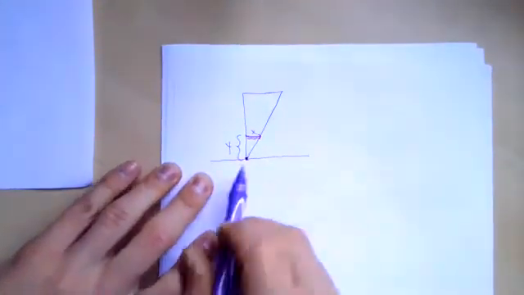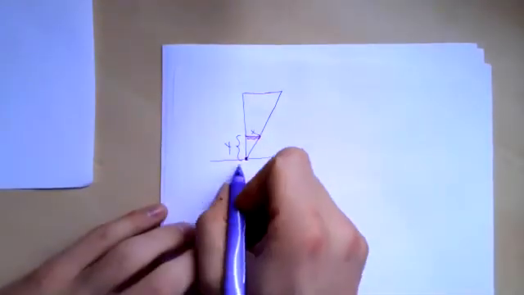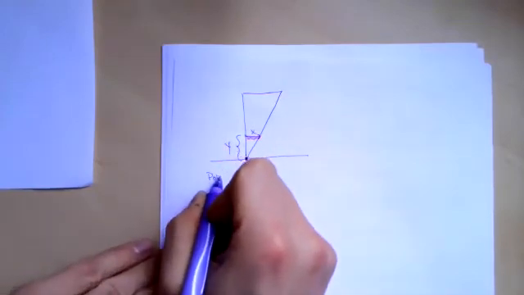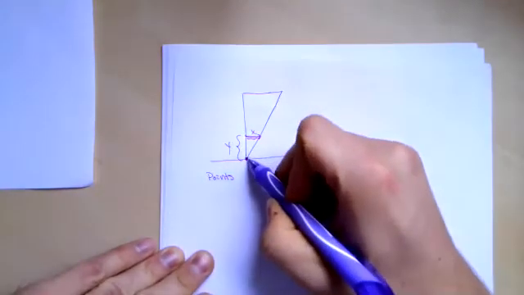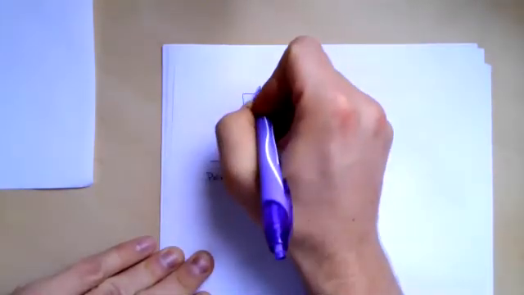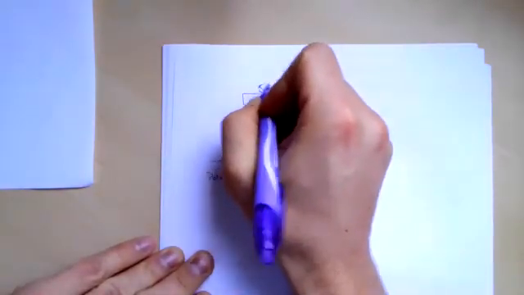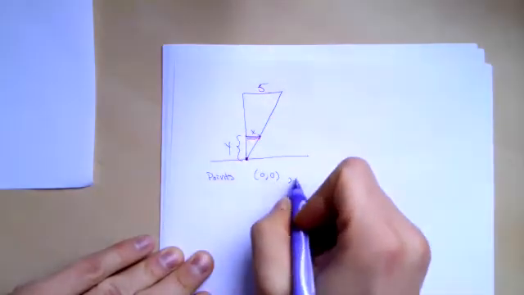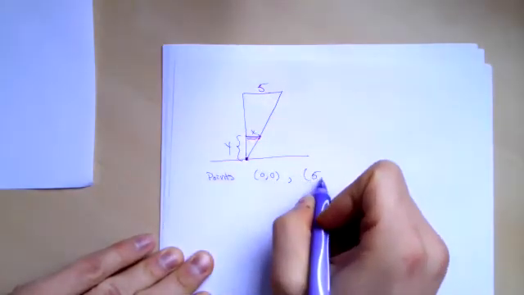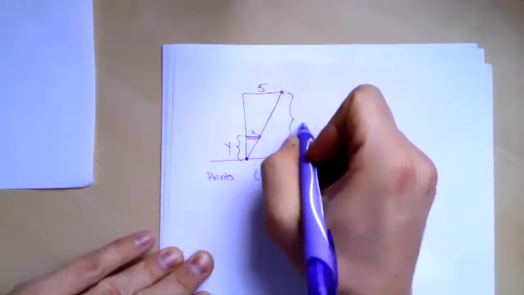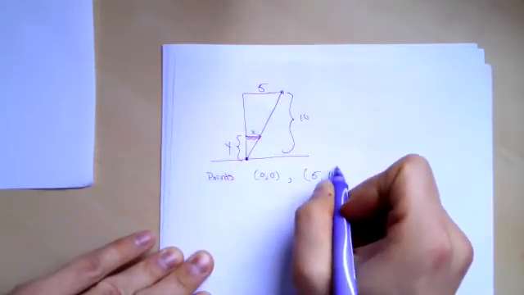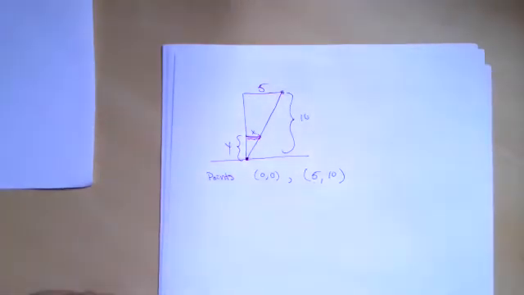The key thing with the problem we're doing currently is we have the point 0, 0, and then this line goes out. What's our maximum radius at the top? It was 5, which means we'll have the point 5, and then this height was 10. So we have those 2 points.